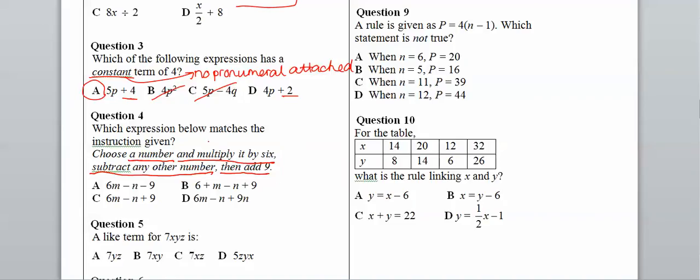So let's say this is M. So we've got 6M. Subtract any other number. We'll call this number N. And then add 9. So that means our answer is 6M minus N plus 9, which is C.